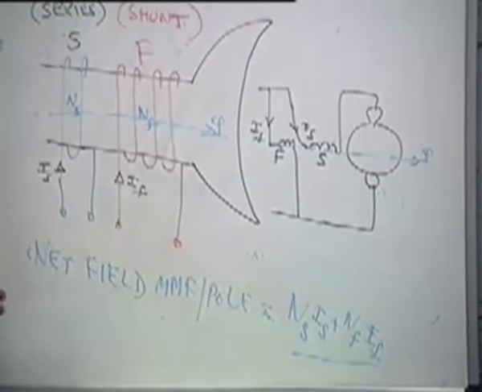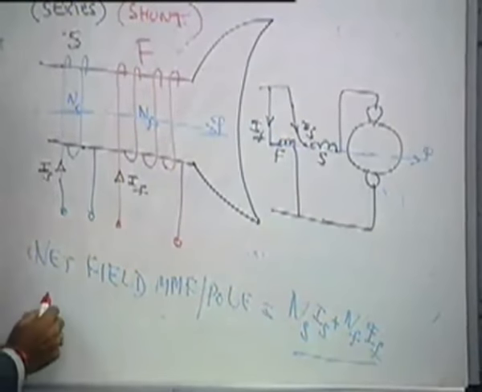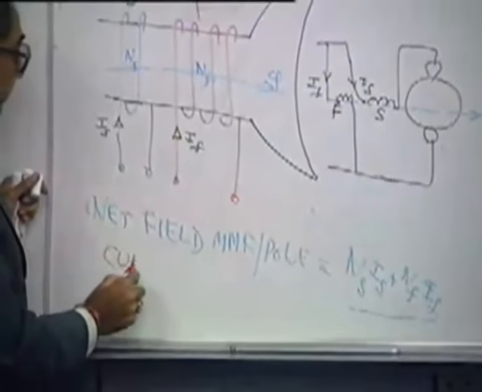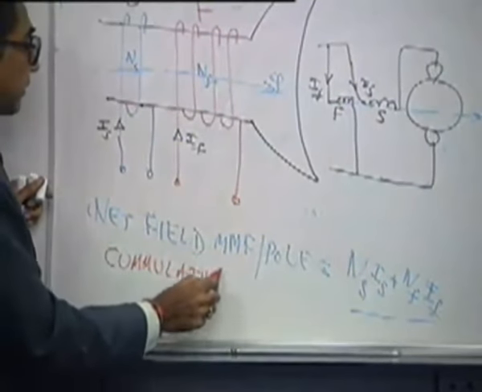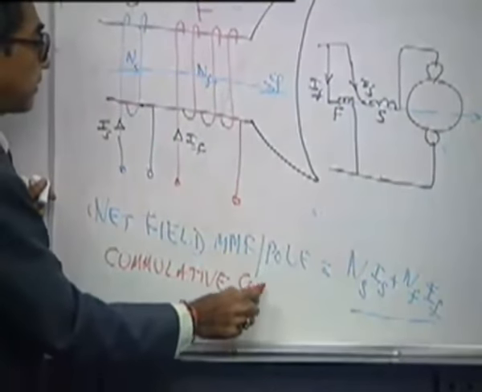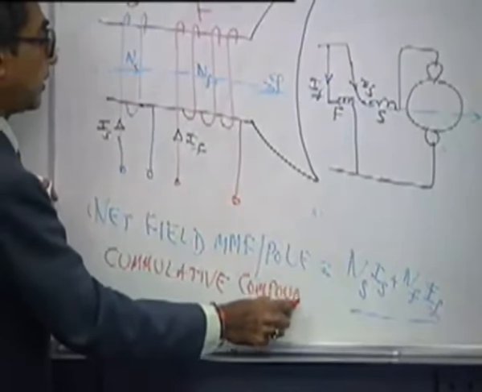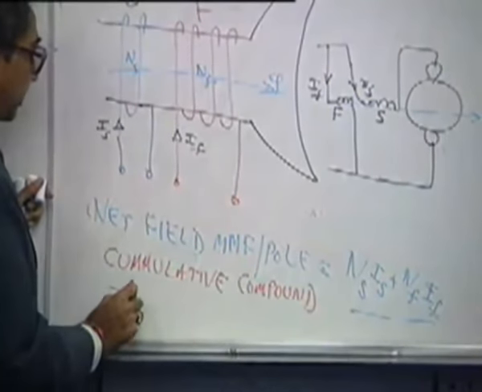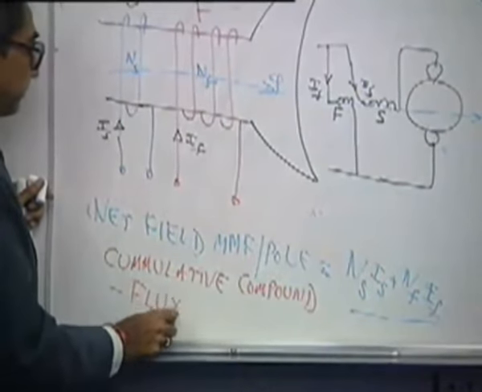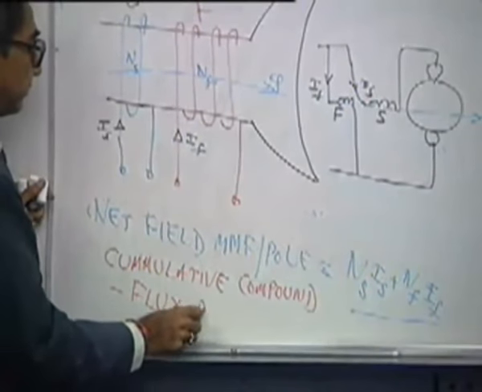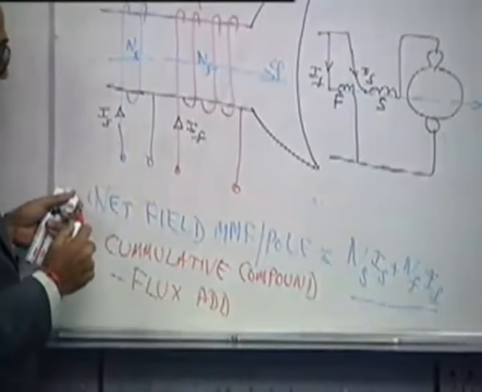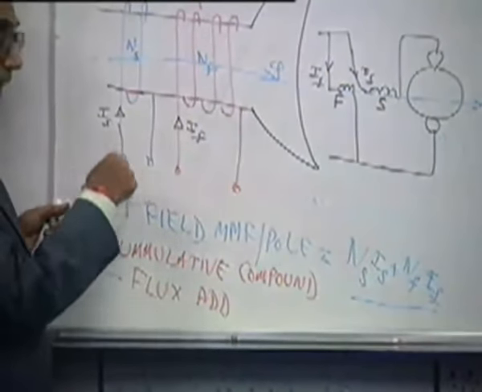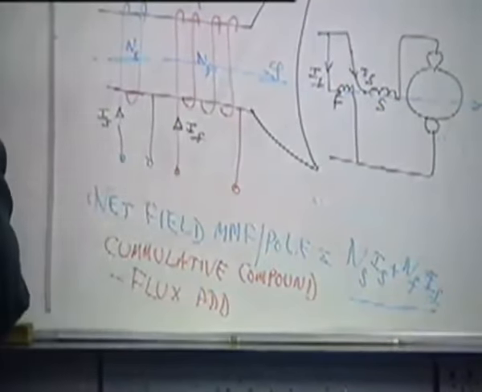So this is called a cumulative compound machine. That means the fluxes add. They are adding, that means the series field is aiding the shunt field.